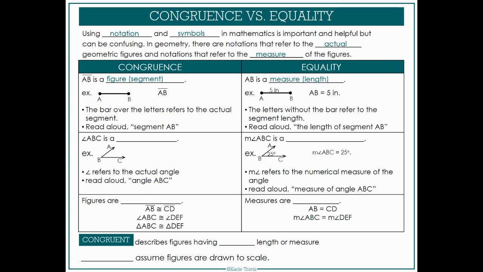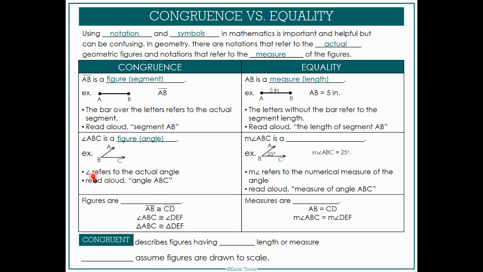Now, over here on the left side again, angle ABC is a figure. So we got this little shape right here. Anytime you want to refer to this shape, because we're going to be getting into this in our next part, this symbol here refers to the word angle. And if we give this angle before the points, we are talking about angle ABC.